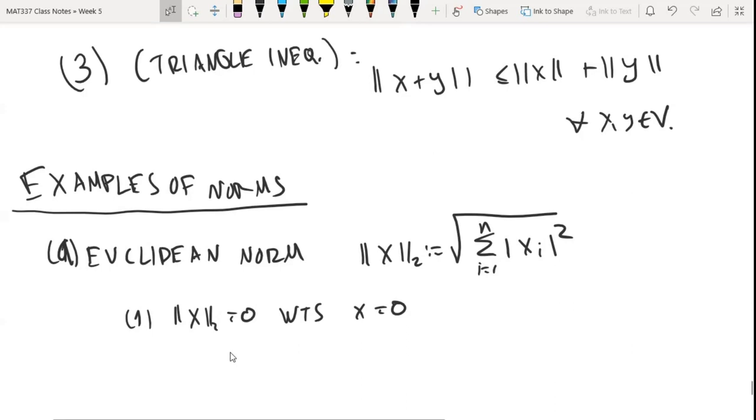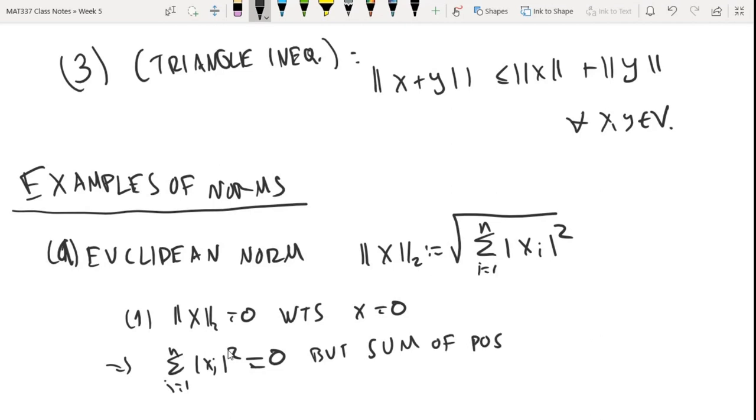Let's see. So this is the same as asking that this guy is 0, but a sum of positive numbers is 0 if and only if each one is 0.